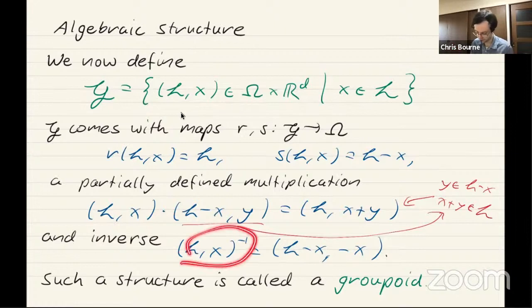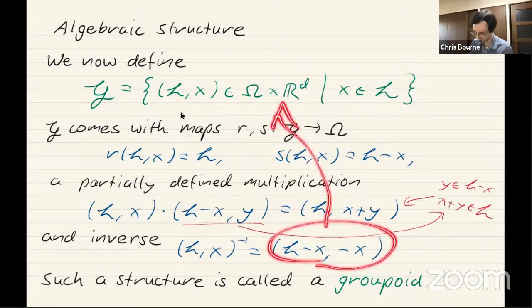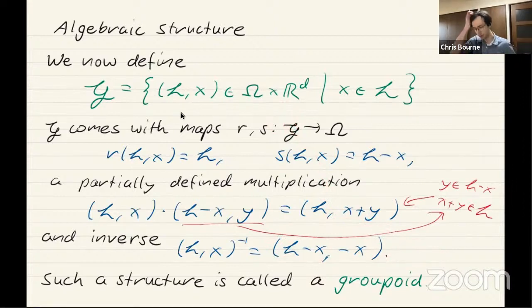The inverse of (L, X) is (L minus X, minus X), and you can also check that this is an element within G. So when you have such a structure, partially defined multiplication, inverse, and these range and source maps, this is what's called a groupoid, which I won't go into details about, but it's a nice mathematical structure which you can purely study, and you have lots of interesting examples. In particular, all groups are groupoids, all sets are groupoids. You have lots of examples.